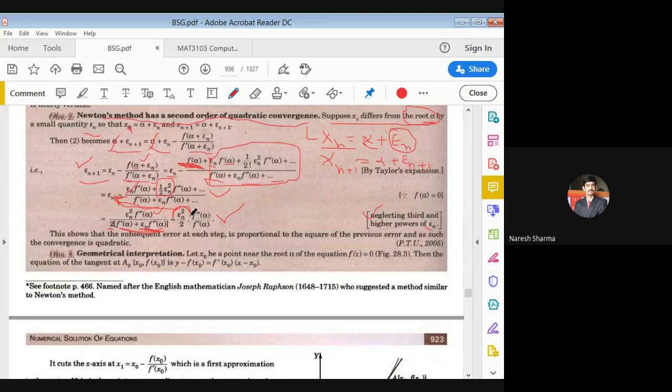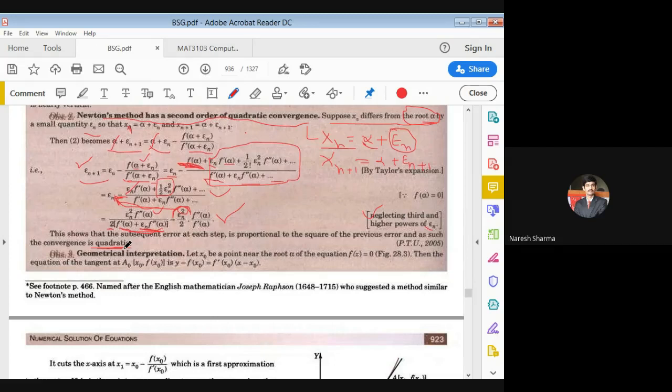So that's why it is the square of the previous error. Every time your error is squaring, right? So that's why your convergence is called quadratic convergence, right? So we say that Newton-Raphson has a rate of convergence of 2.